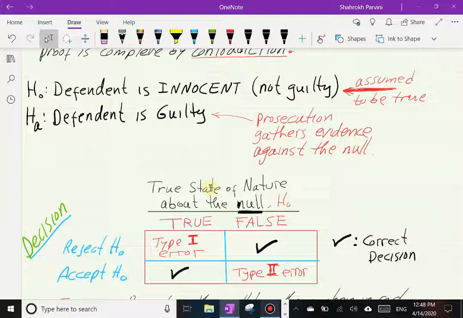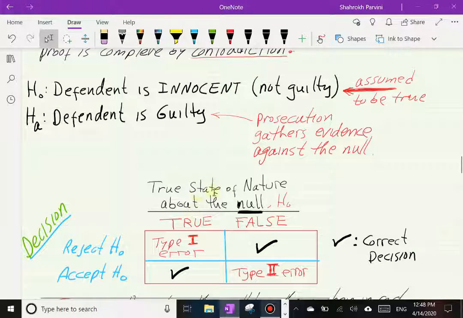So for example, think about a defendant, a total stranger sitting in a courtroom. No one knows if that person is really guilty or innocent, but the defendant himself or herself knows whether they are truly innocent or guilty. Agree?